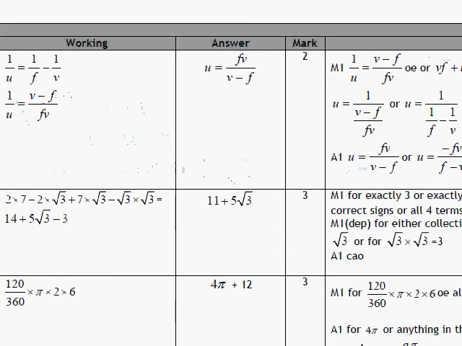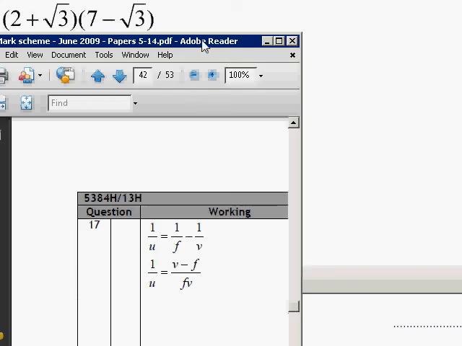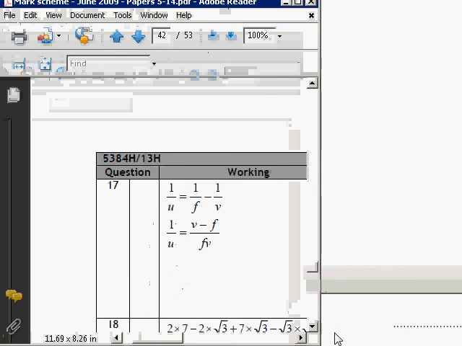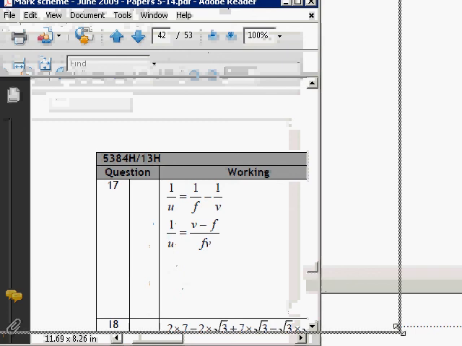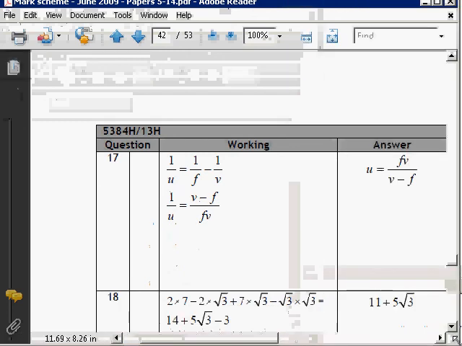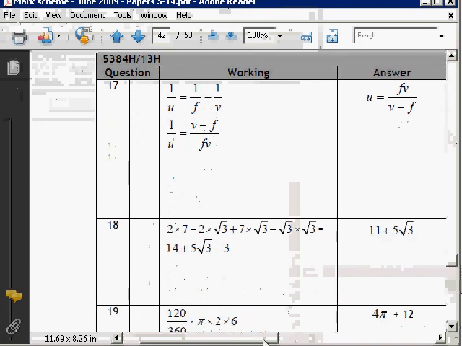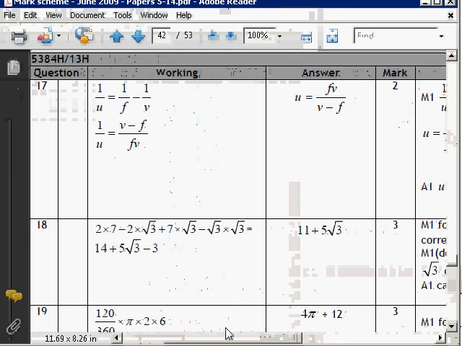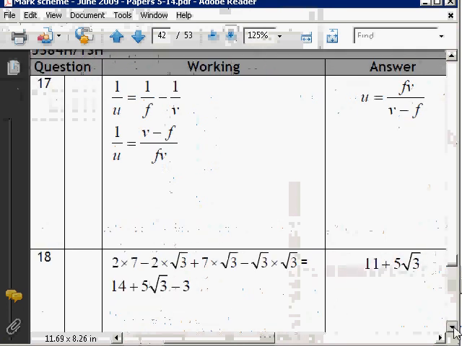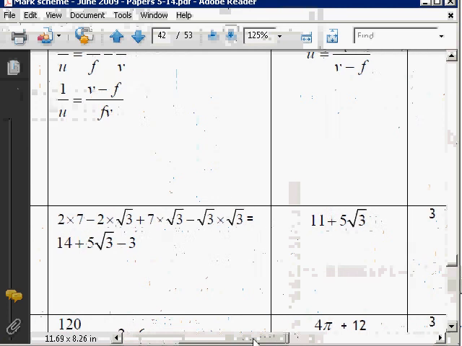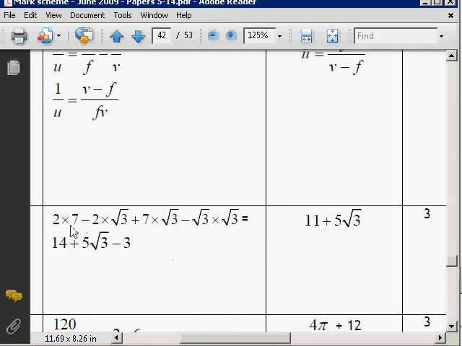Let's take a look at the mark scheme, and hopefully I did this correctly. This is question 18. Yeah, 11 + 5√3. Here's the working; you should have something like this.